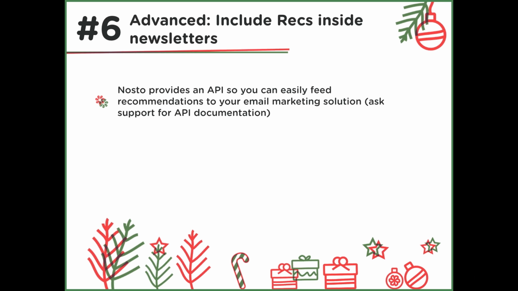Again, a little bit technical, but I think worth mentioning. And we would return personalized recommendations, and you can include that into, for example, MailChimp or Exact Target or whatever you use for your email needs. So yes, you can do that.